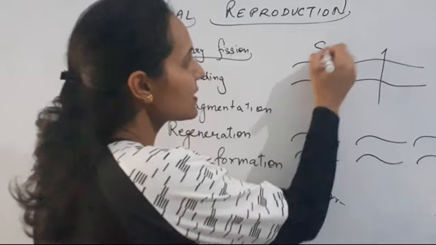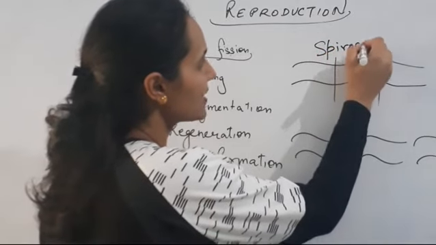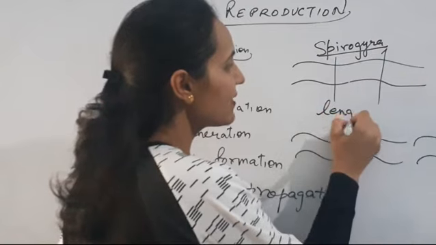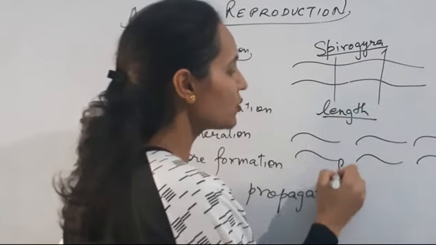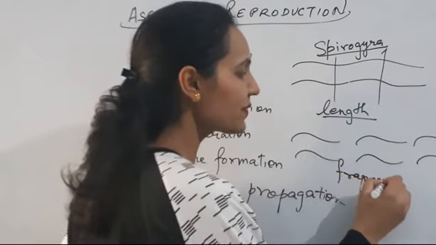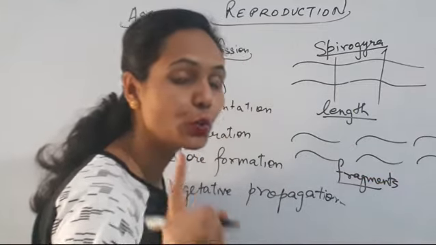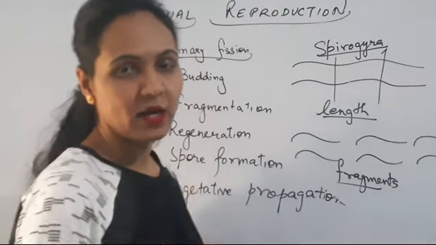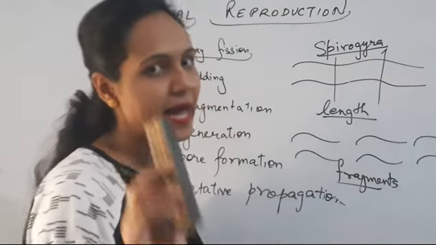For example, this is Spirogyra. It is a green algae. Once it attains a particular length in size, it breaks down into fragments, and each fragment behaves as a new individual. Clear? So example is Spirogyra, a green algae.